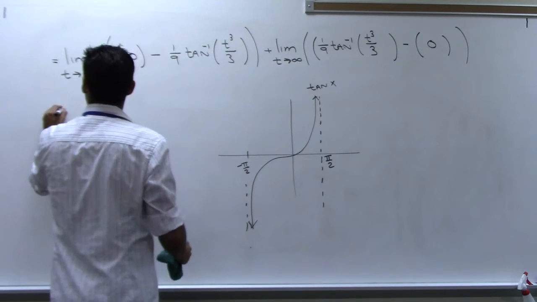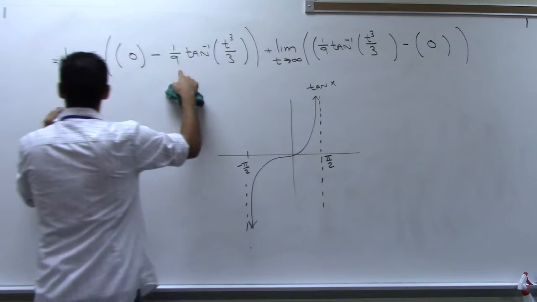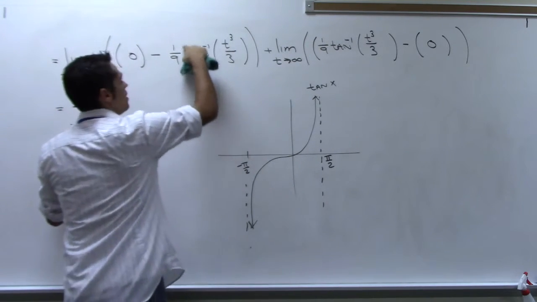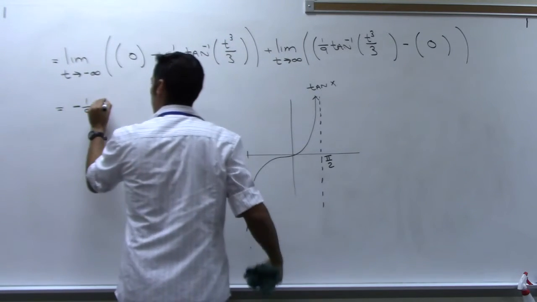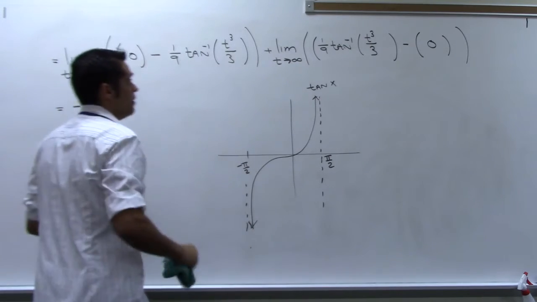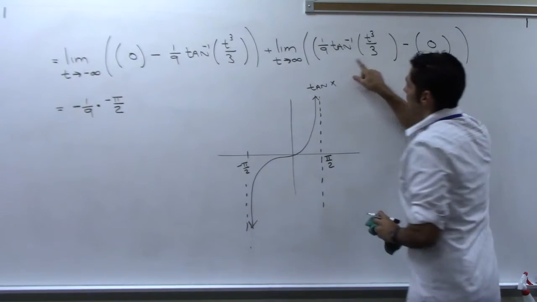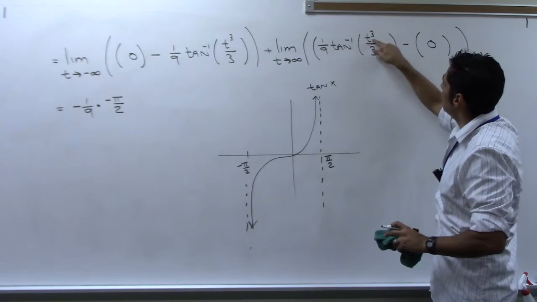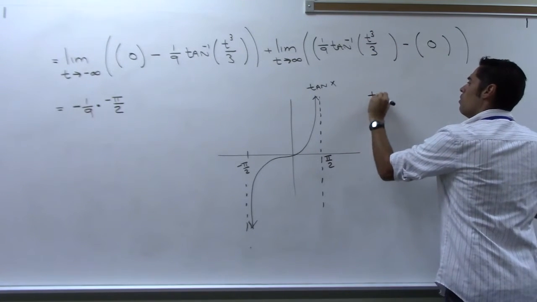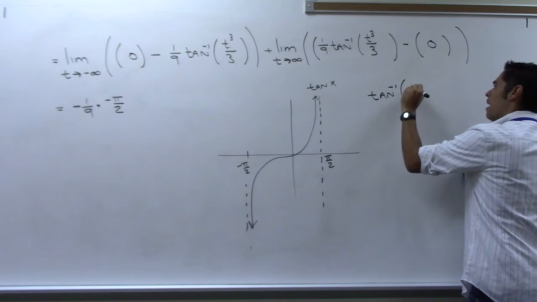So I have equals, the 0's gone, negative 1/9 times, and I just said that this piece right here is negative pi over 2. So that takes care of that. Now over here, same thing, but this time going to positive infinity. Positive infinity cubed is still positive infinity. So this time you're asking, what is arctangent of positive infinity?